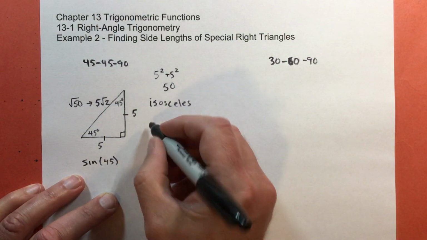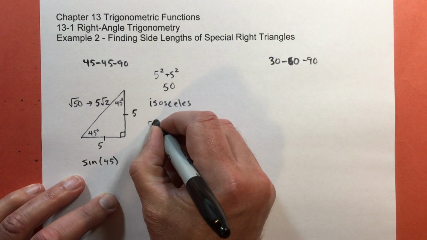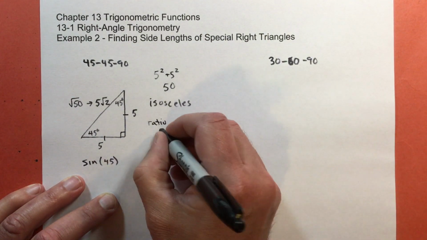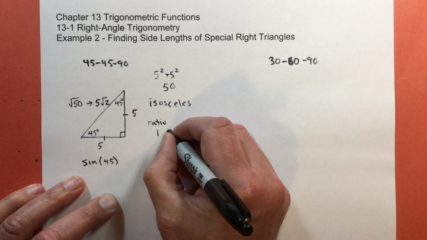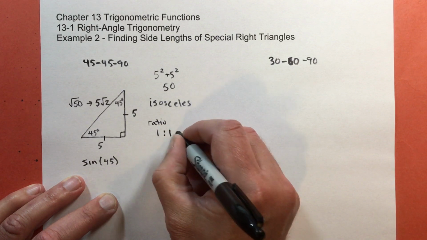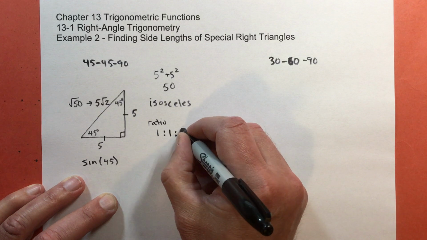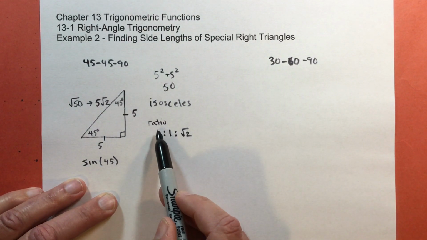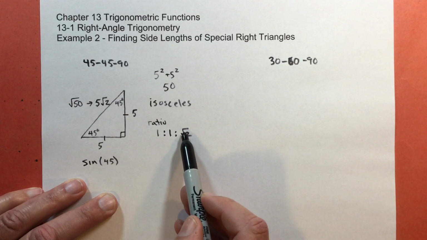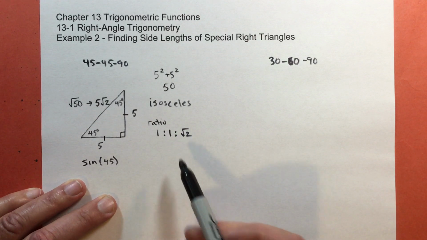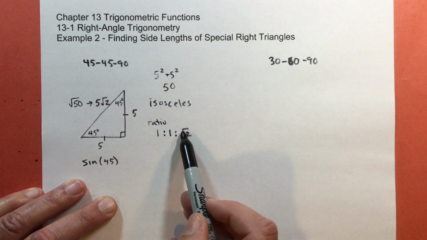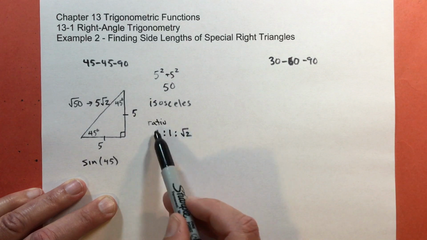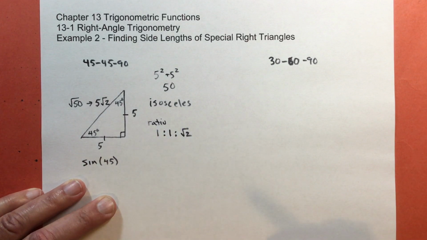So the ratio, in simplified form, is going to be 1, 1, I'll use colons, square root of 2. In this one, because I picked 5, it's 1 times 5, 1 times 5, and square root of 2 times 5. So I can simplify it by using this easier ratio instead of the one with the 5s.